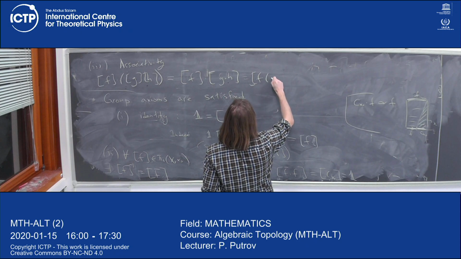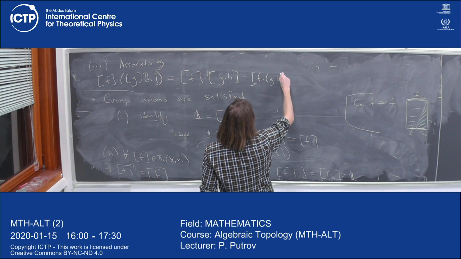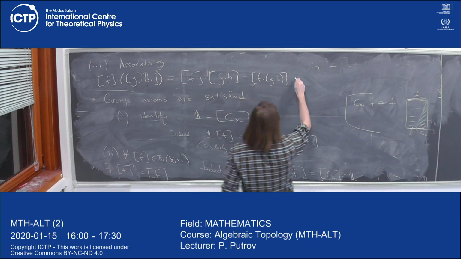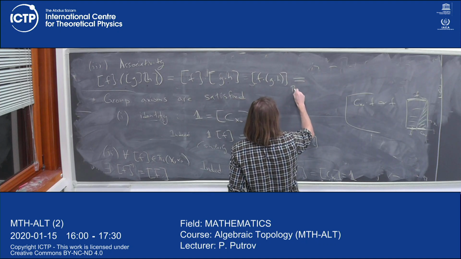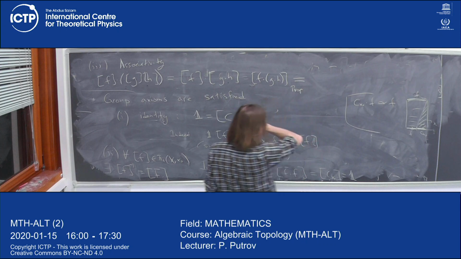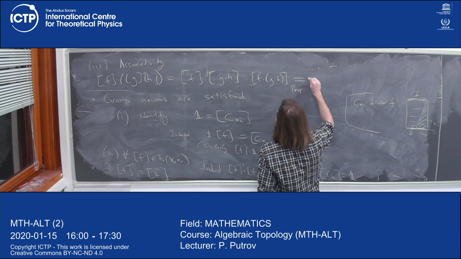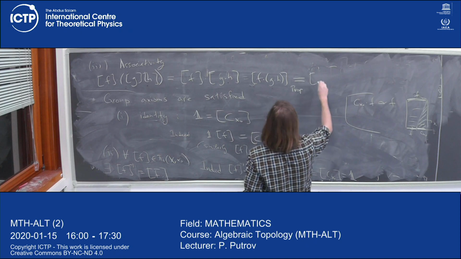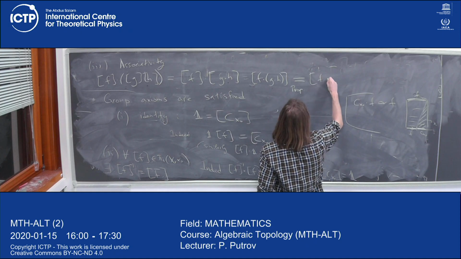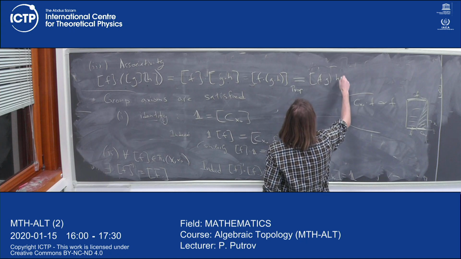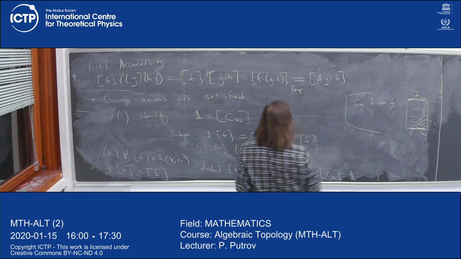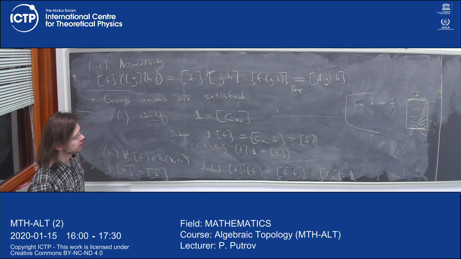Here we're just using the definition of the product structure, and here we use the property which we showed in the proposition just a few minutes ago. We use the fact that this is homotopic to a composition made in a different order.